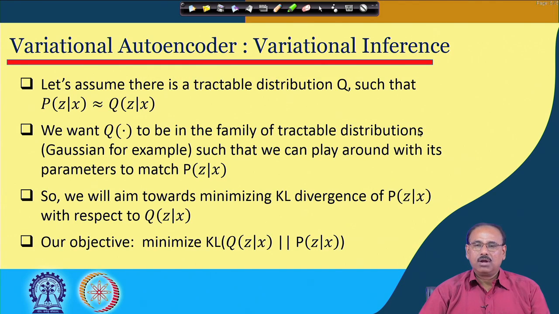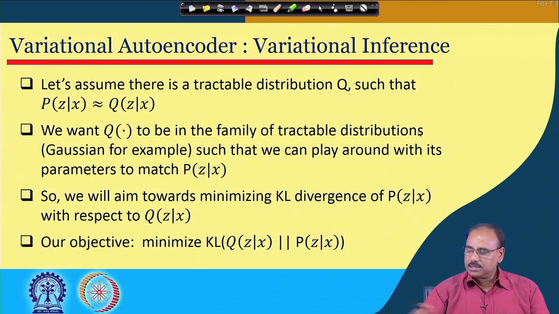By this minimization, what I am effectively doing is playing with the parameters of the distribution p such that it becomes similar to q, where q is tractable, we know what distribution it is, and we are assuming that it is a Gaussian distribution with a certain mean and a certain variance. So, our objective now becomes that we have to minimize the KL divergence between q and p.